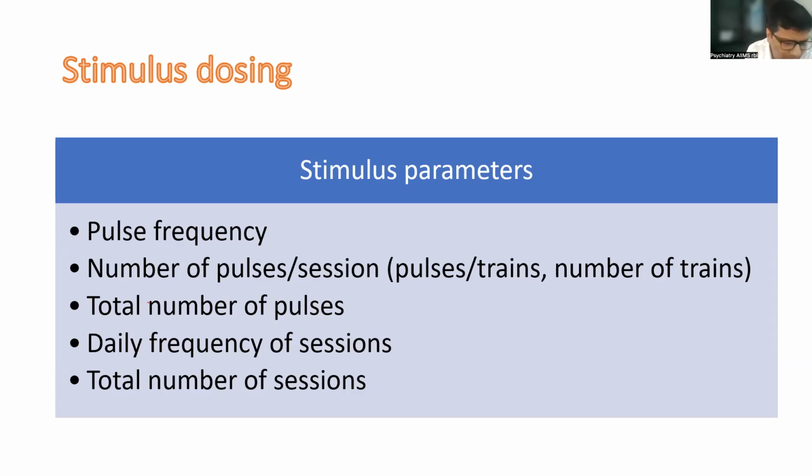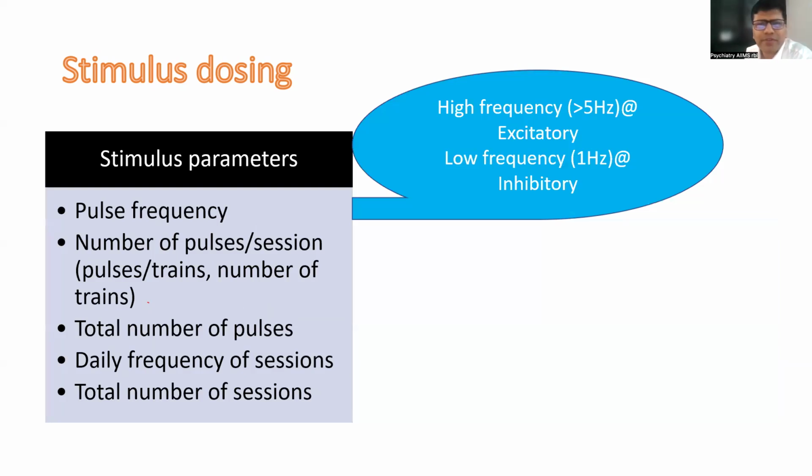All those things will be discussed. But in brief, when we're talking about conventional rTMS, we broadly divide the pulse frequency into high frequency protocols and low frequency protocols. High frequency is if the frequency is 5 pulses per second or more.